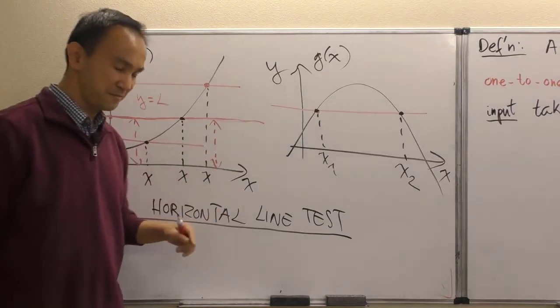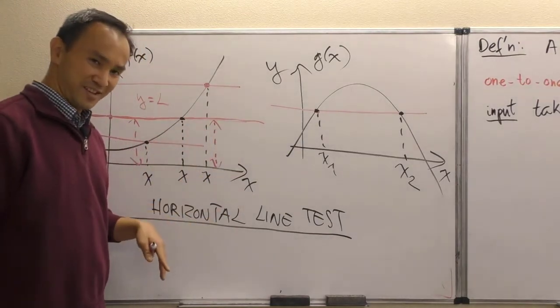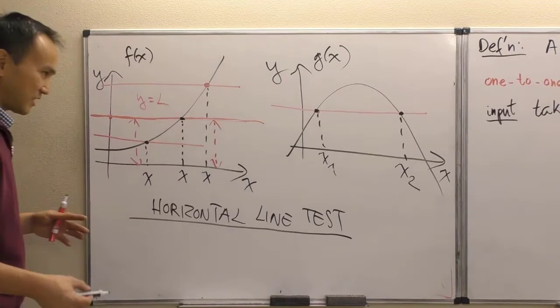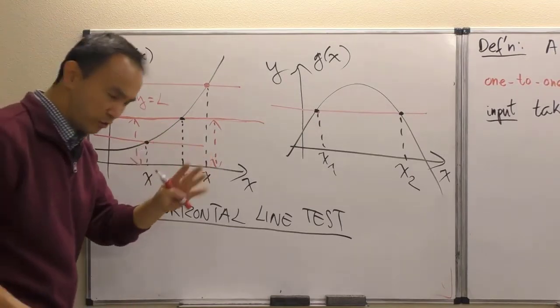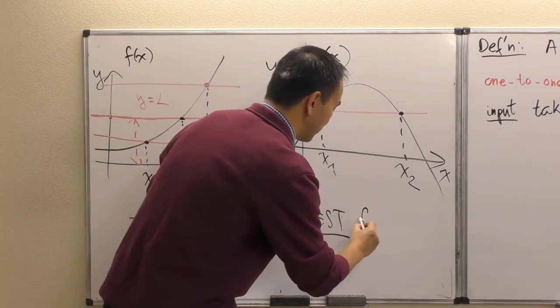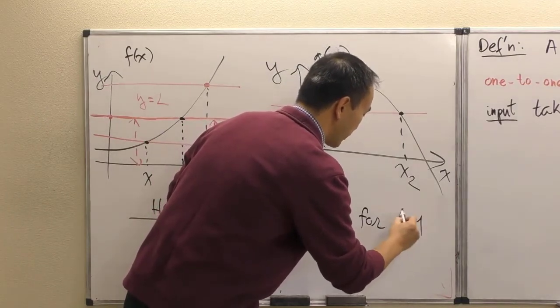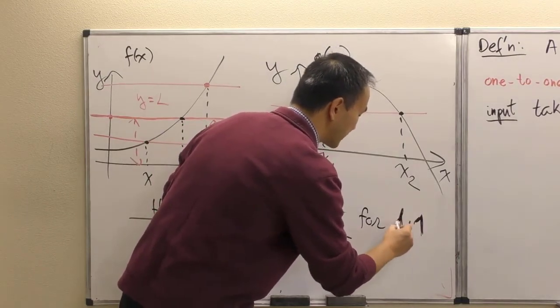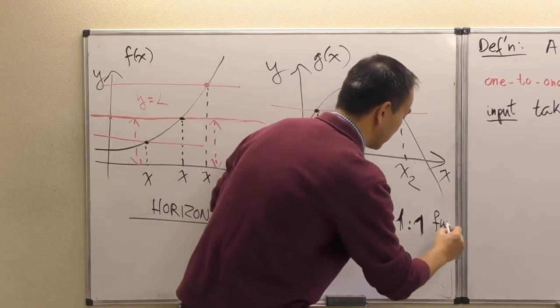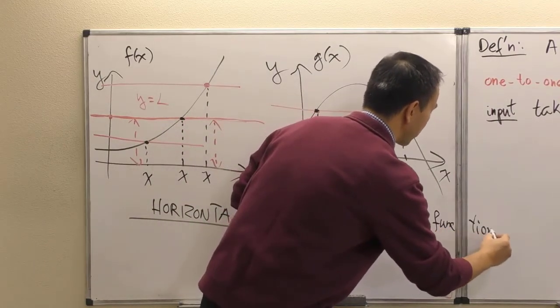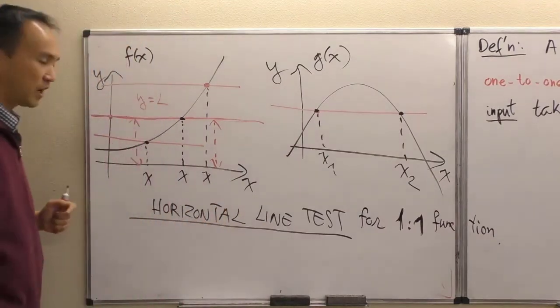That's what I just did. It's called the horizontal line test. So we use the horizontal line test for a 1-to-1 function. Horizontal line test for 1-to-1 function.